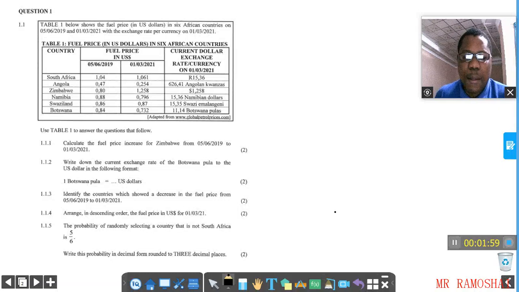Looking at question number 1 there, we are being given a table, which is Table 1, right? Table 1 below shows the fuel price in US dollars in 6 African countries on 5 June 2019 and 1st of March 2021, with the exchange rate per currency on the 1st of March 2021.